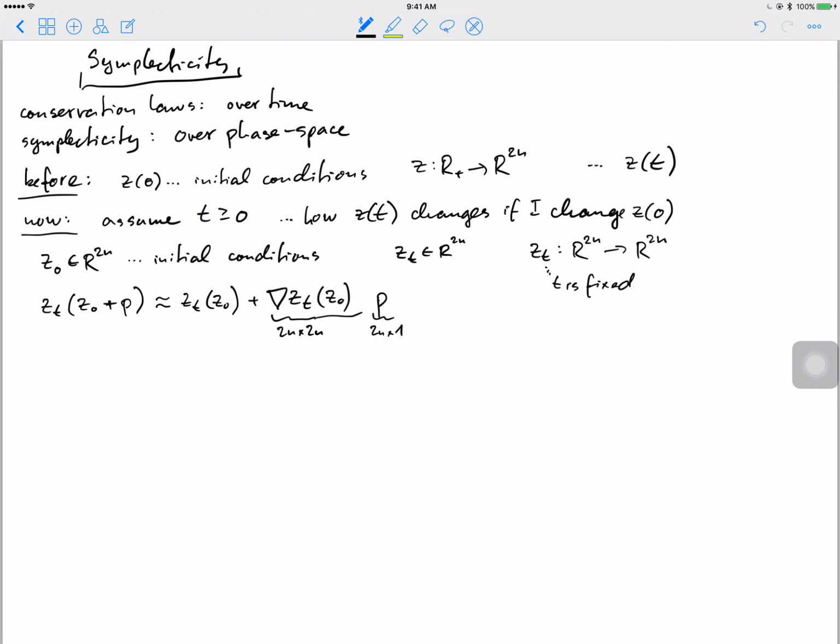And here I can finally write the definition of what symplecticity means in mathematical terms, not in philosophical terms.